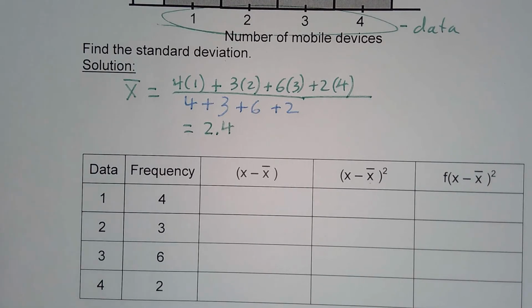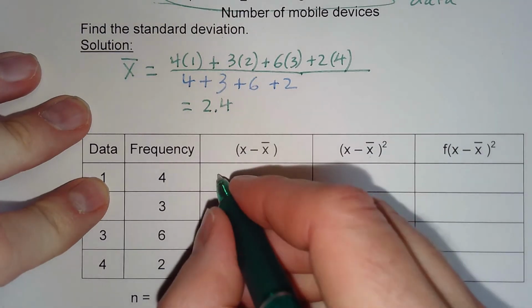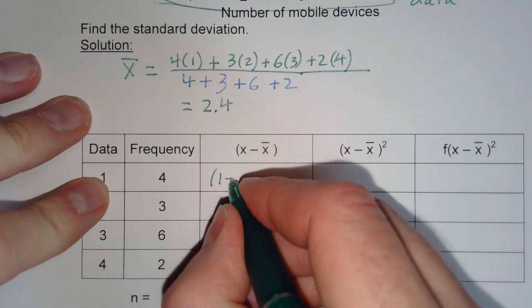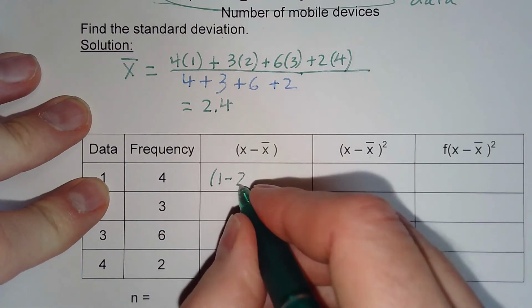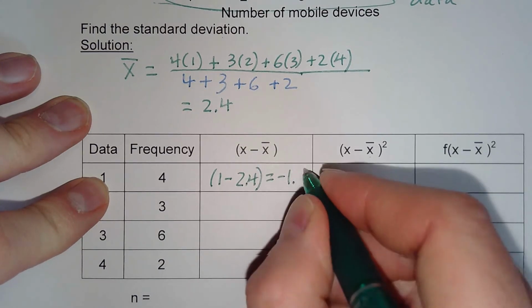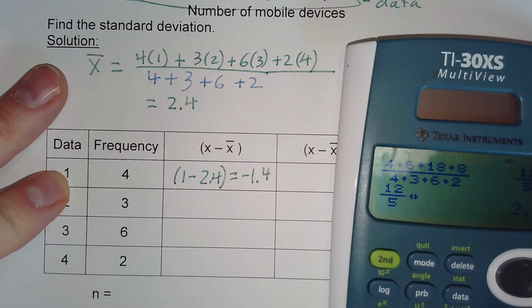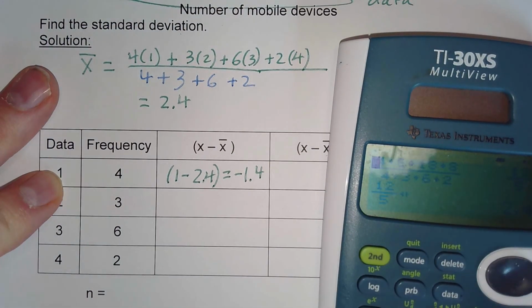Now I have 4 data values of 1, because that's my frequency. So I do 1 minus 2.4, that's going to give me negative 1.4. I'm going to go ahead and square that. Oh, and I did that wrong.